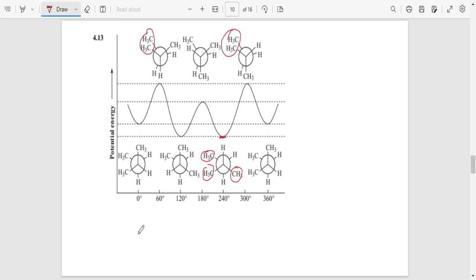So take note also of the angles. When you rotate by 60 degrees, it continues to change like that. Now I'm just wondering why this angle here is 0 degrees. If you consider these two, for the eclipse, the angle between these is not there actually. So you consider it 0 degrees. Okay, so that is how you take it.